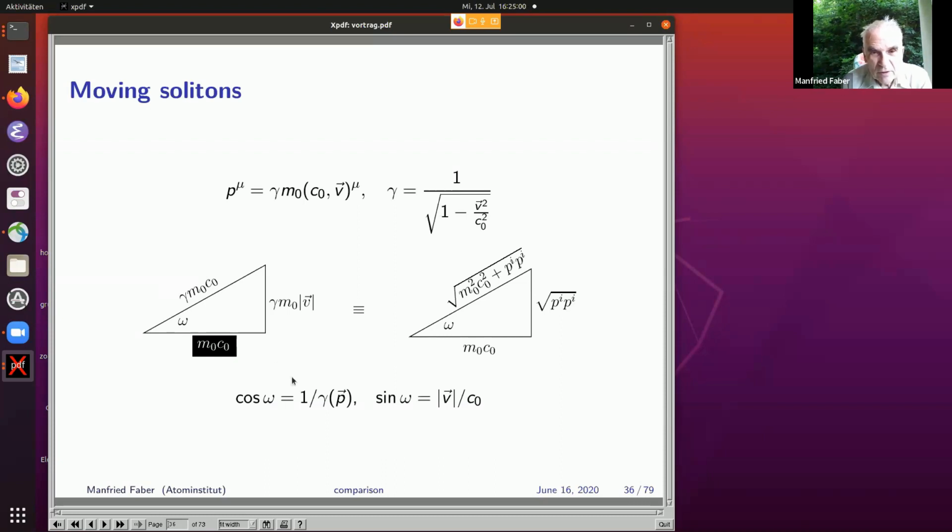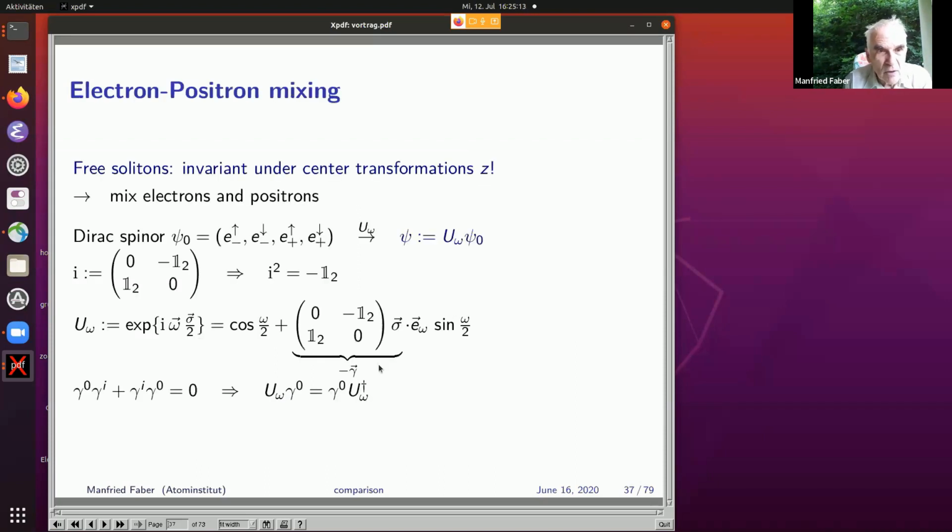This is m0 c0, and this gives you 1 over gamma. And the sine of omega gives you v over c0. We remember these equations because we need them now for the electron-positron mixing.